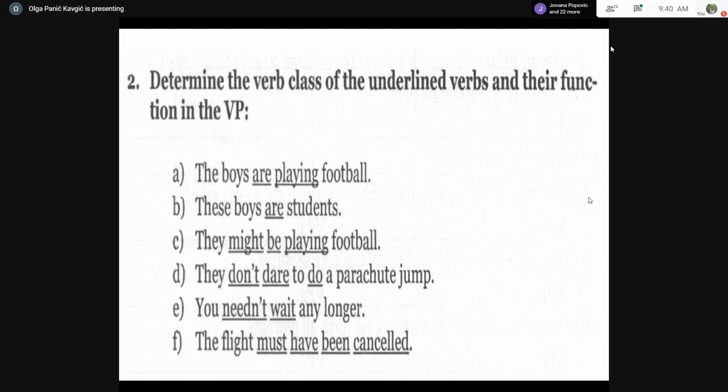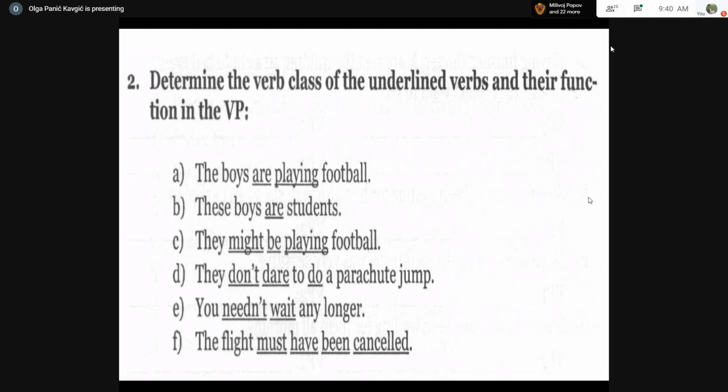In this case, need is the main or lexical verb. But if you say you needn't have come, it's clear that need is an auxiliary. So basically that's it. There are lexical verbs, there are auxiliaries. Within auxiliaries, there are primary auxiliaries and there are modals. So nothing more to add to this.